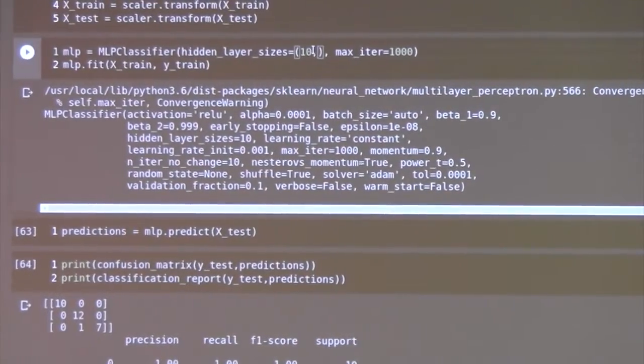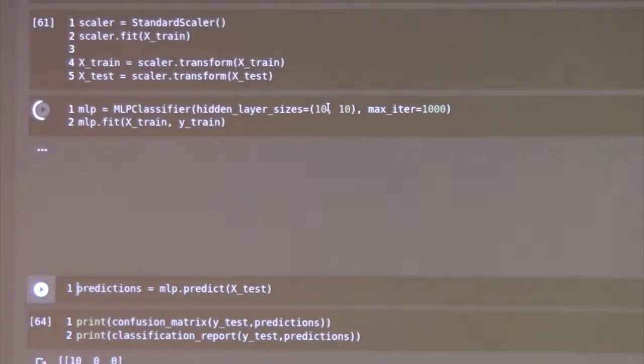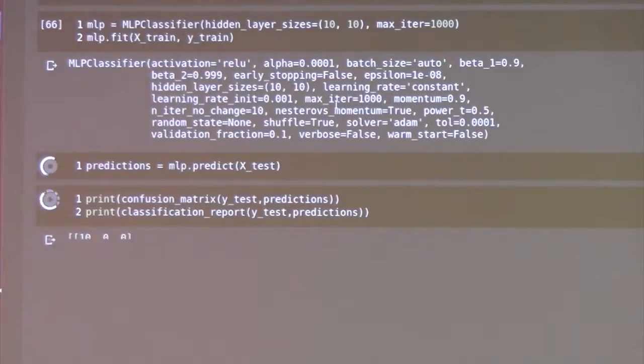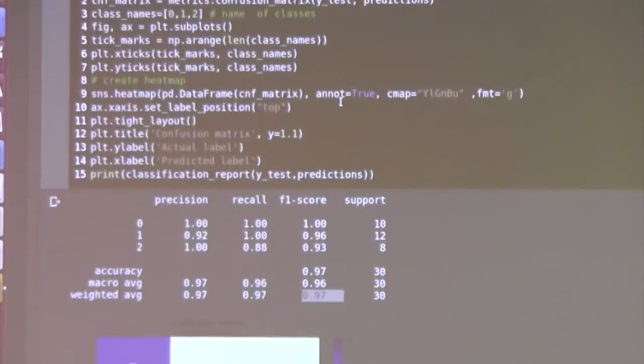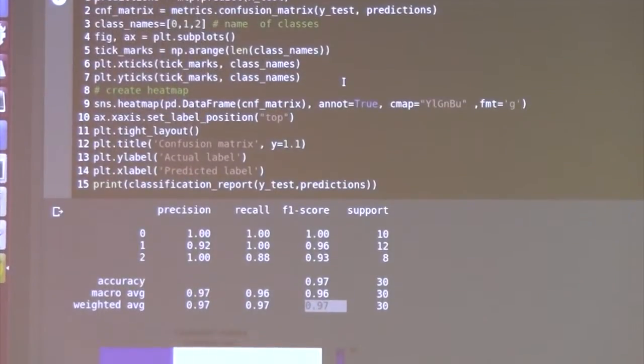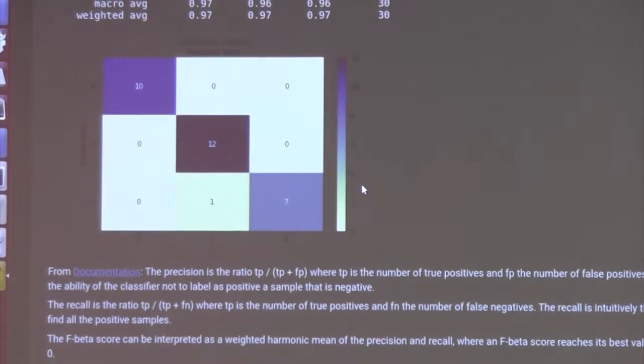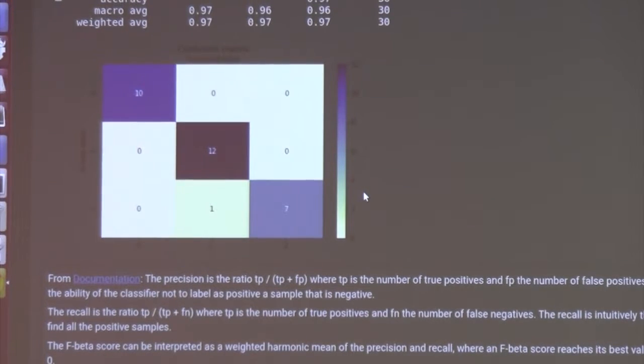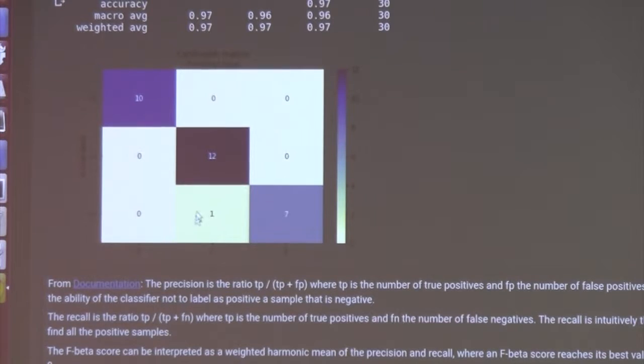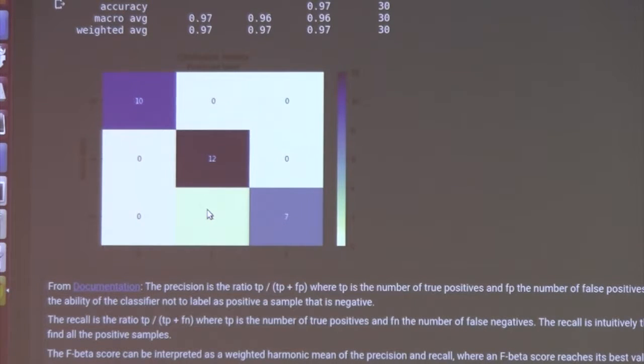All I have to do is comma, 10, and then retrain. And it seems as though they got all the exact same metrics. That's just because I guess this one example is pretty tough. But for the most part, it's able to correctly identify all 30 of these.